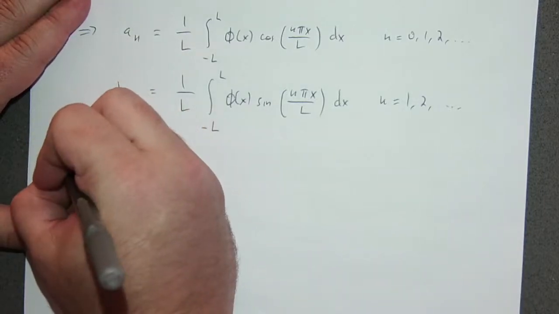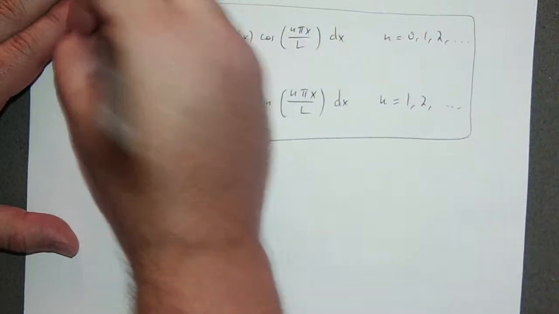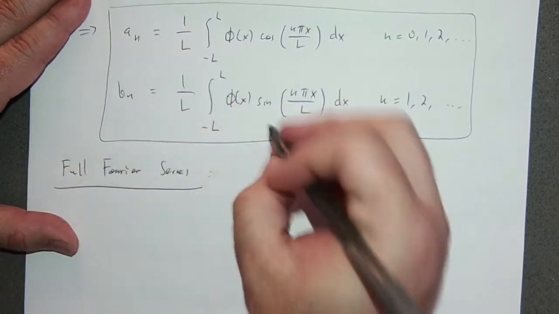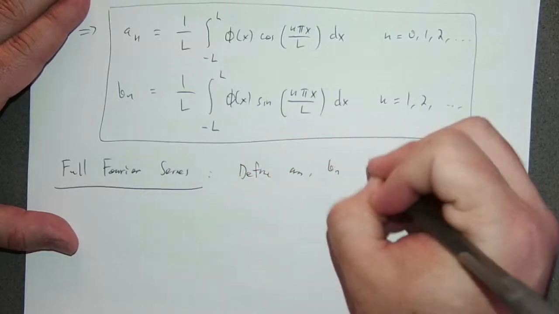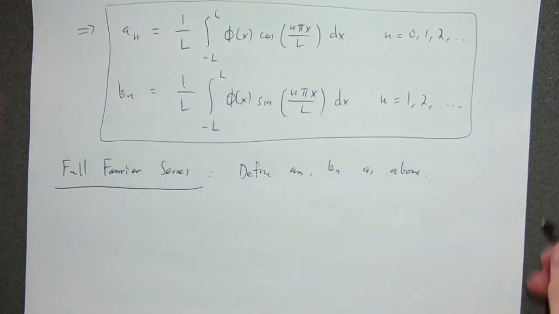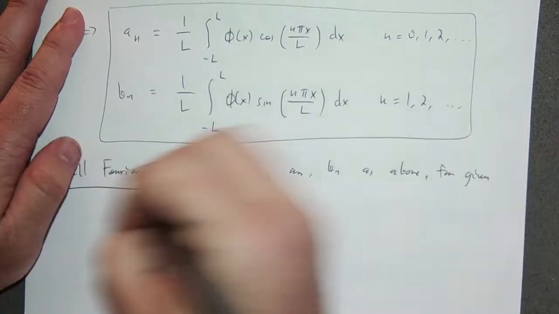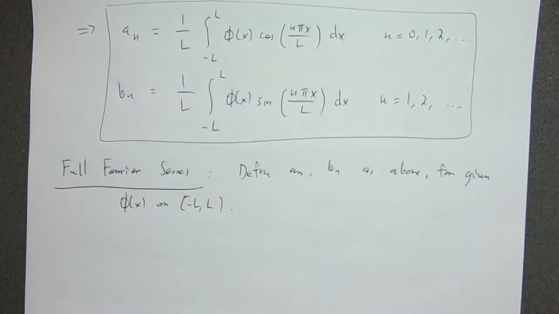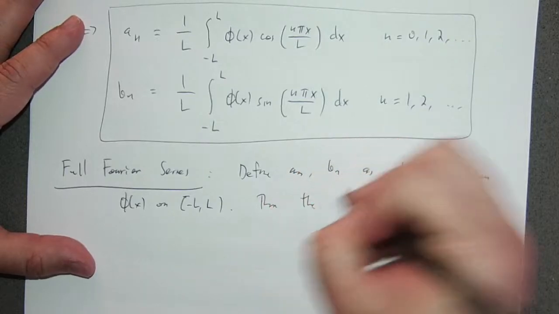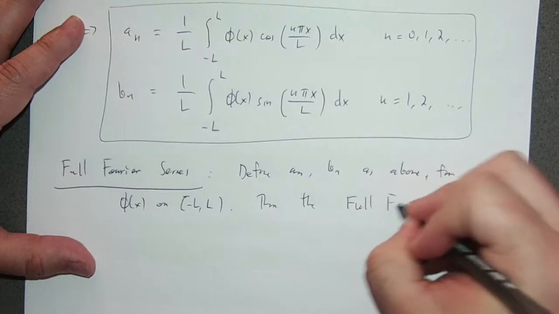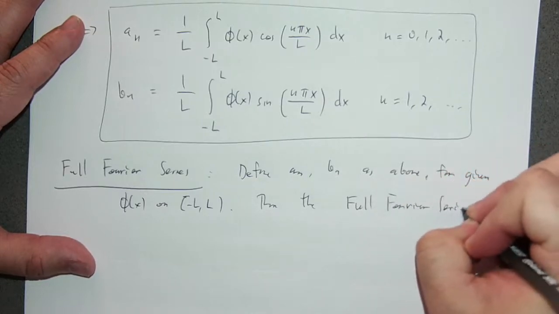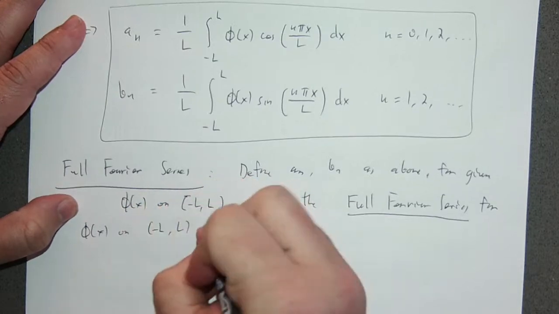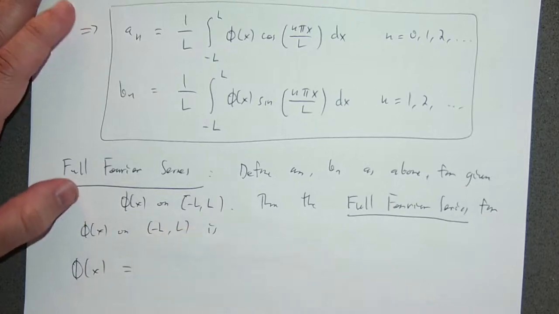Okay, so now the full Fourier series. Define a sub n, b sub n as above, for a given phi of x on minus L to L. Then the full Fourier series for phi of x on minus L to L is this thing.